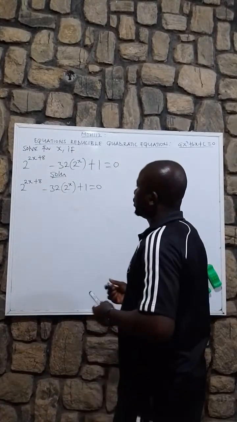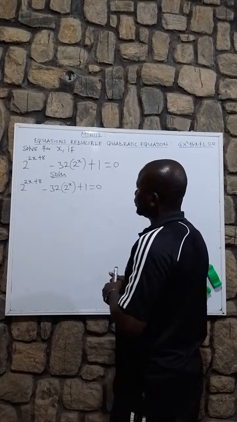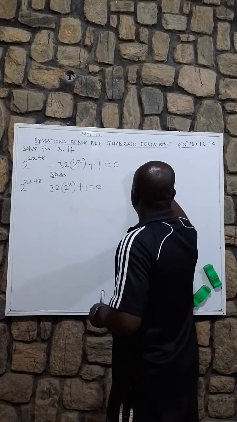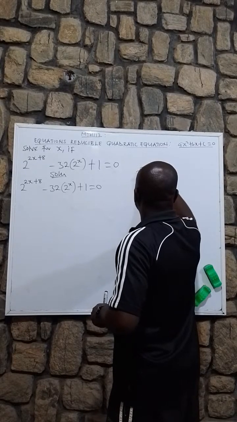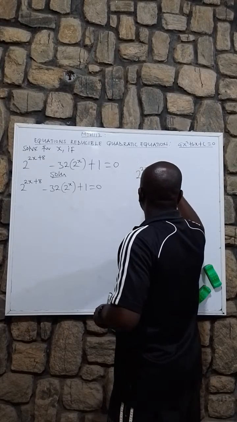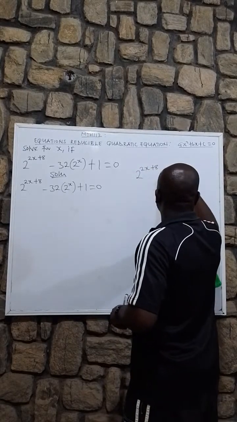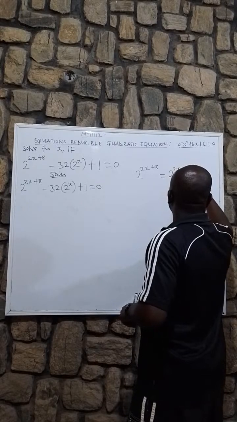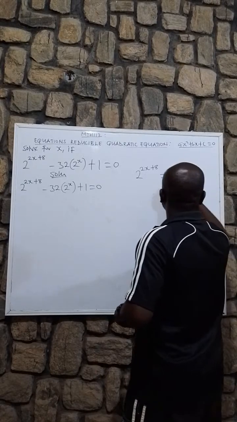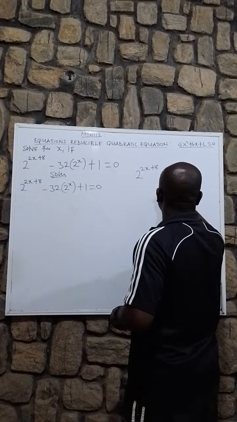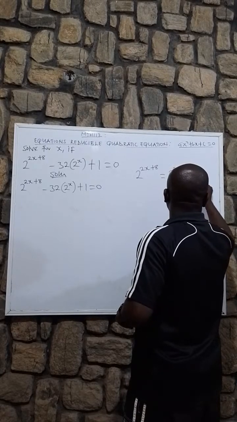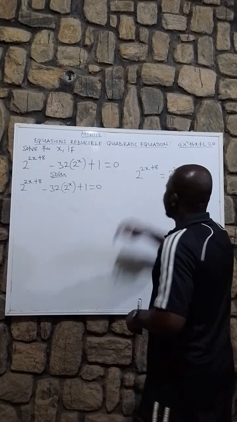Note now, when we go back to indices, 2 raised to the power of 2x plus 8 is the same thing as 2 raised to the power 2x times 2 raised to the power 8. And this is the same thing as 2 raised to the power x, all squared, times 2 raised to the power 8. This and this, they are the same thing.